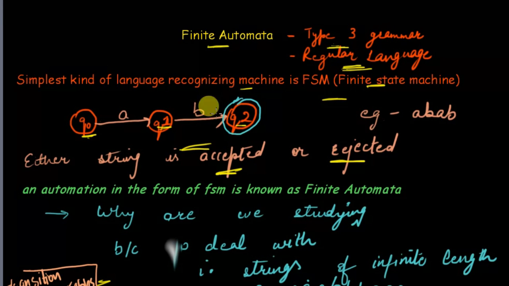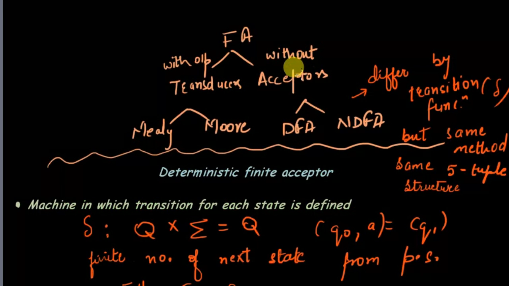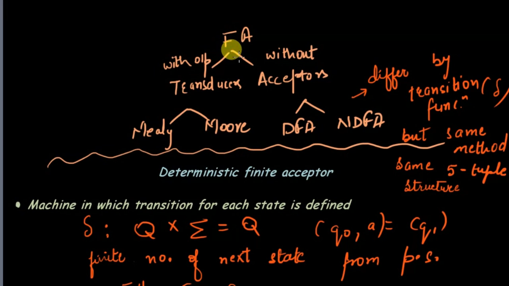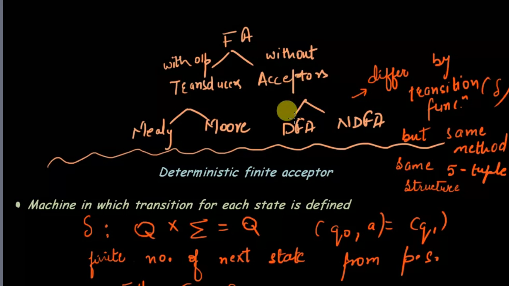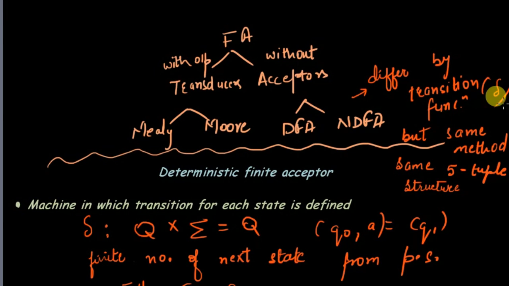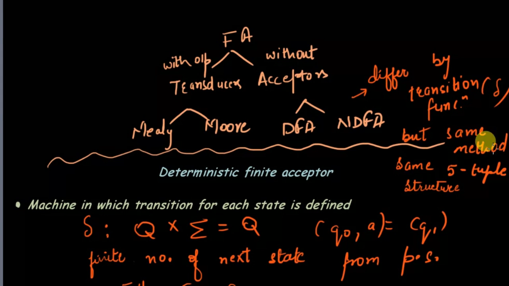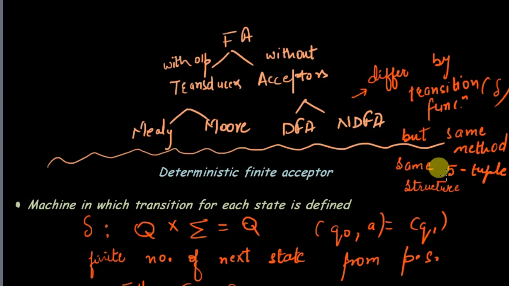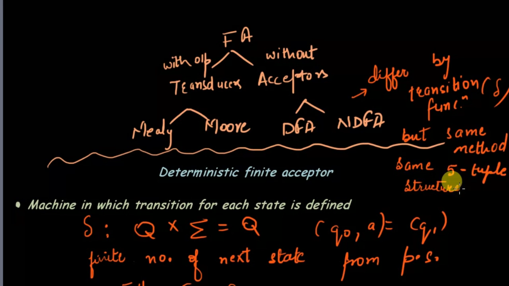Now, as I told you in the previous video, finite automata is of two types, with output and without output, and these acceptors are of two types, DFA and NDFA. These differ by the transition function delta, but they have the same method of identifying whether a string is acceptable or not. Both have the same 5 tuple structure.